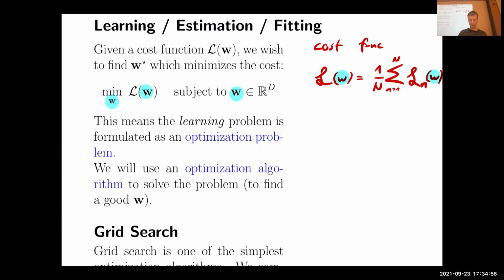The nice thing is in machine learning, we do have a nice structure, and the structure is this one here, that the cost function is always an average over data points. So it kind of decomposes a little bit, so that you can look at individual data points separately at training. That's something that we're going to see later when we discuss gradient descent and some variants. But for now it is very simple.